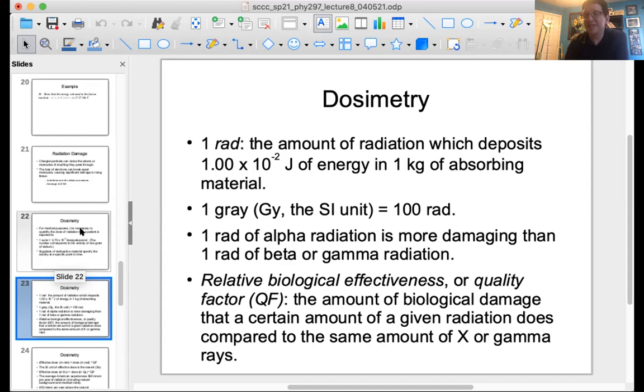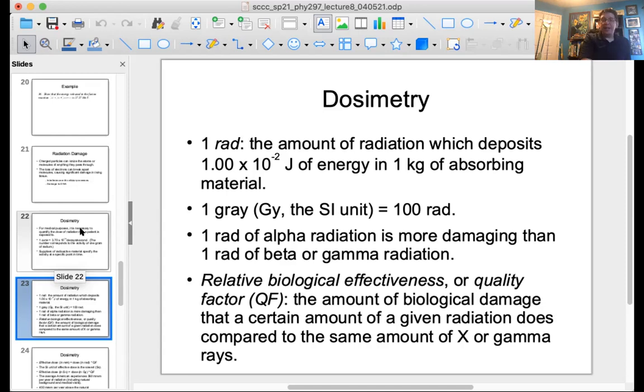So the more massive the material, the more momentum is associated with it for a given amount of energy. And so, for the same amount of energy, the more massive particle has more momentum. And that's ultimately the reason why alpha radiation is more damaging than beta or gamma radiation.